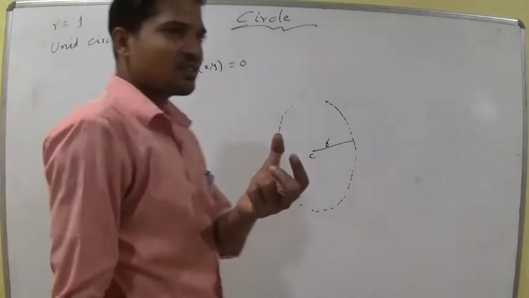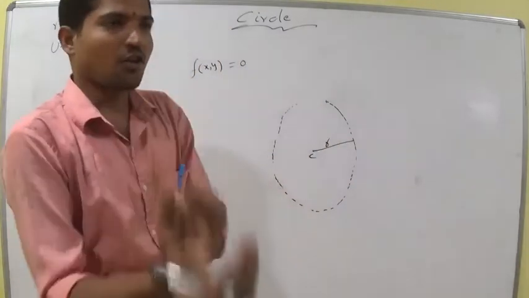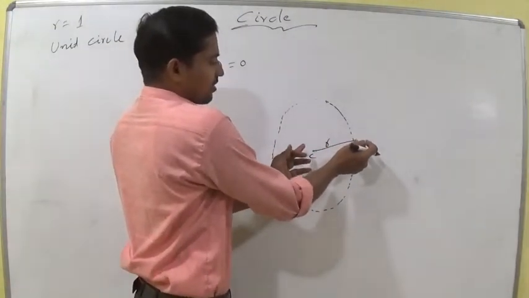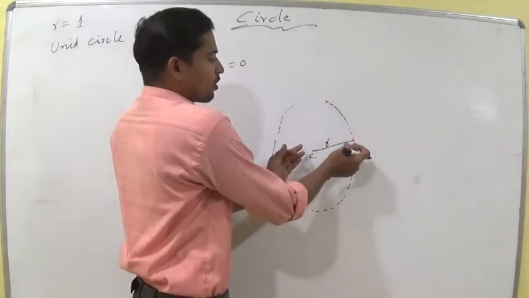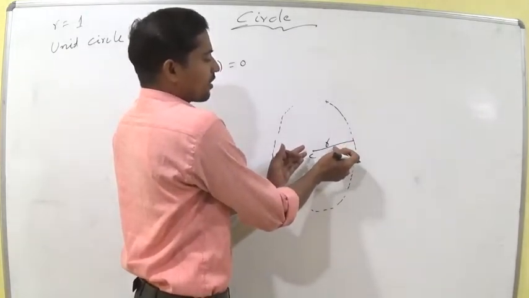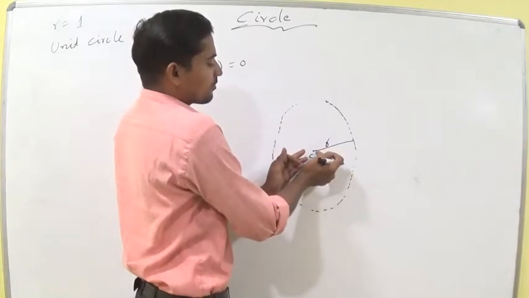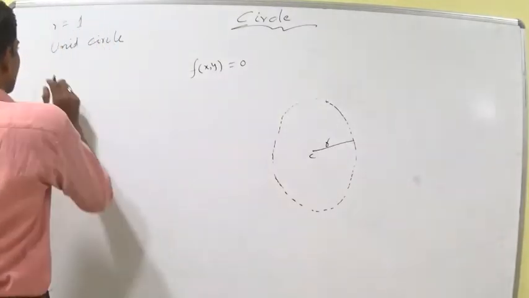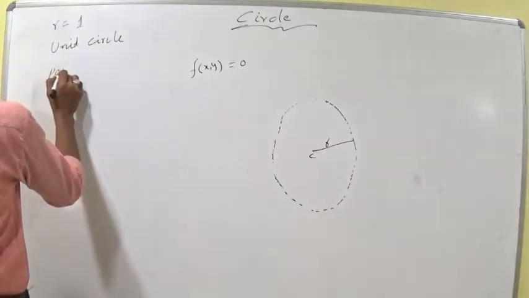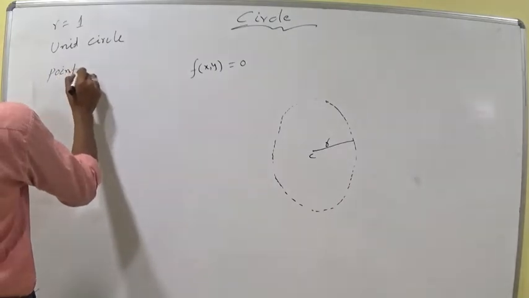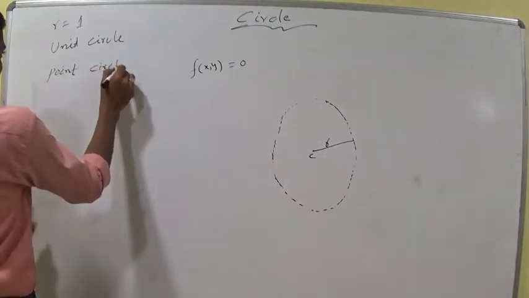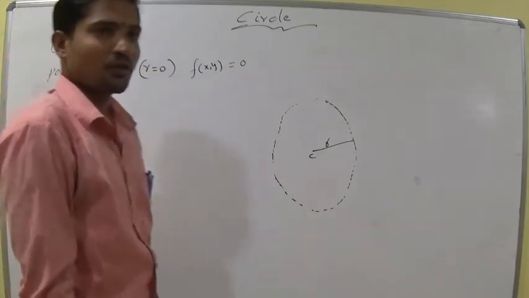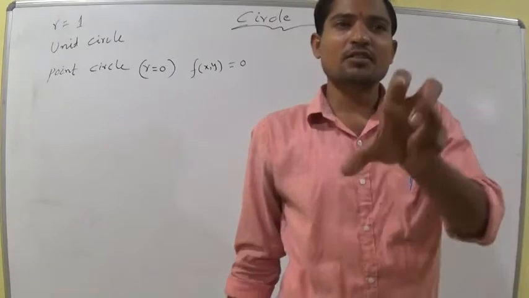Suppose the radius is 5 units, then 4 units, 3 units, 2 units, 1 unit, which becomes 0, then which represents a point circle. In a point circle, r is equal to 0.